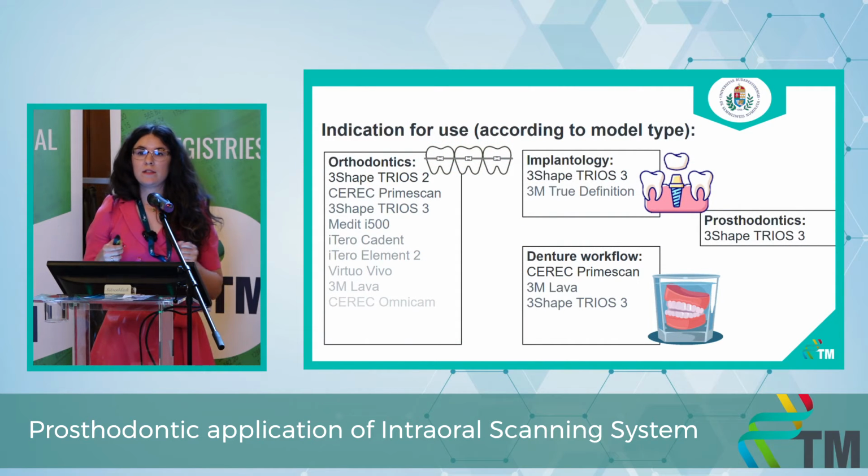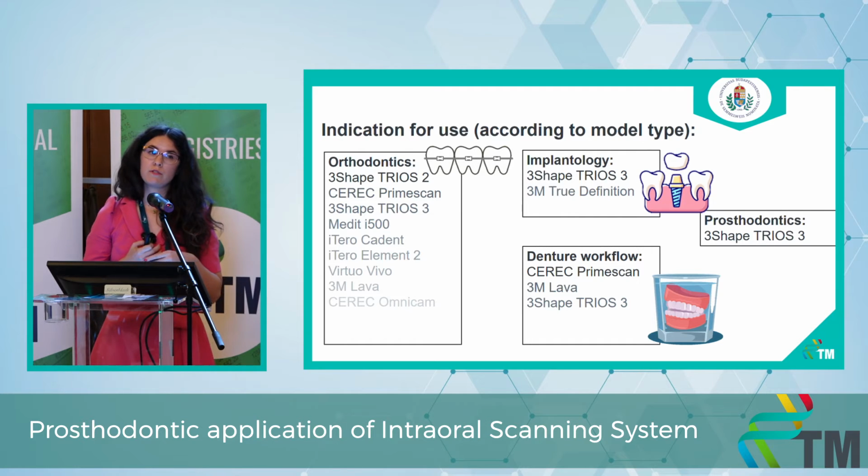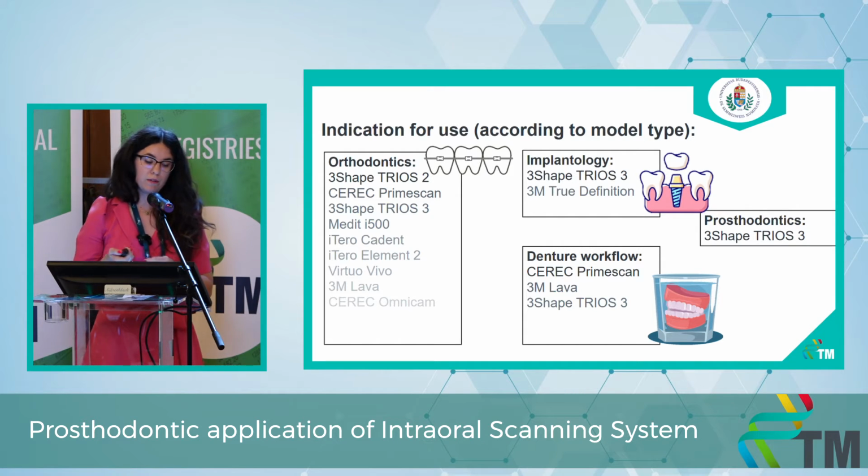Why I can say that this is clear guidance for the dentist is that we can offer an indication for use. For example, for orthodontics, for implantology, for denture workflow, and for the prosthodontic workflow as well. So in this case, if dentists want to choose the best intraoral scanner for themselves, we have an offer for them.